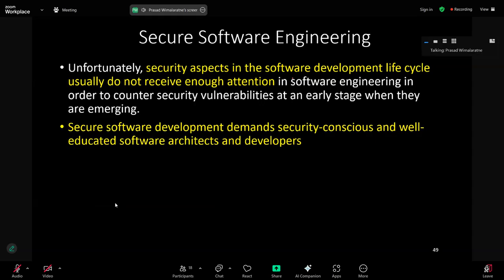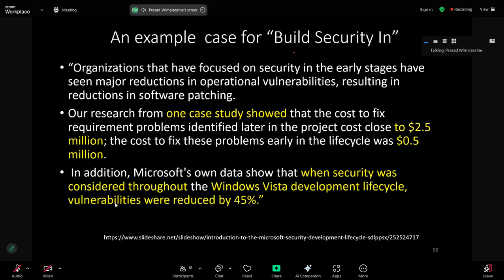Secure development requires security-conscious, well-educated software architects, developers, QA engineers, and so on. So in this domain we are talking about security throughout the life cycle by educating architects, developers, tech leads, project managers, everybody. There is a need for what is called build security in, in simple words, security throughout the life cycle. From the early stages, the practices have to be brought in.